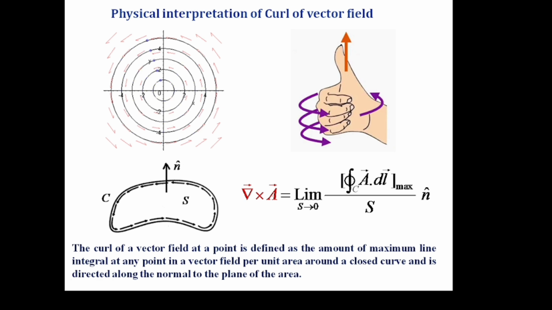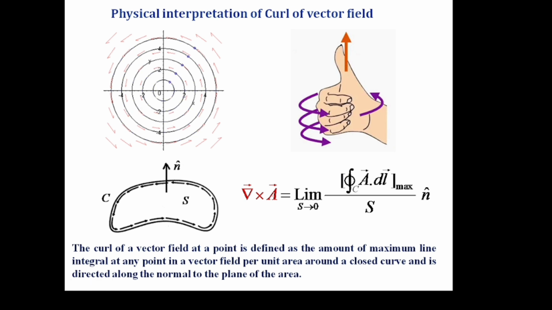Now, what is the physical interpretation of the curl of a vector? The curl of a vector has two directions. One is the direction of rotation of the vector, shown by the fingertips of the other fingers, and because of this direction of rotation, the thumb direction is the direction of the curl.